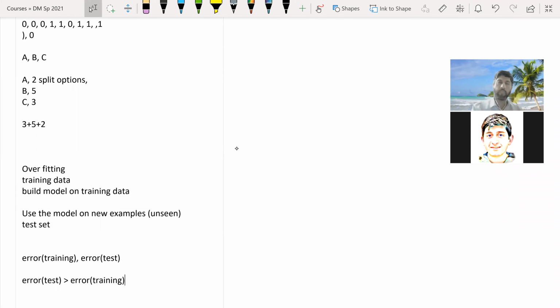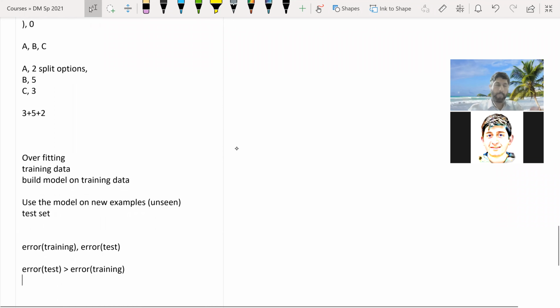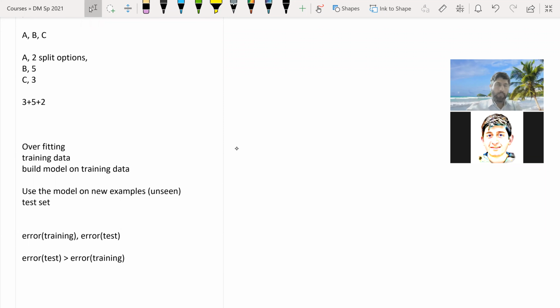It's giving poor performance on the test set. So if such a case occurs, then we say that we have run into the problem of overfitting. The whole issue of overfitting is a much bigger discussion, which in a typical machine learning course you spend a lot of time on. Obviously, we are not going to do that here.